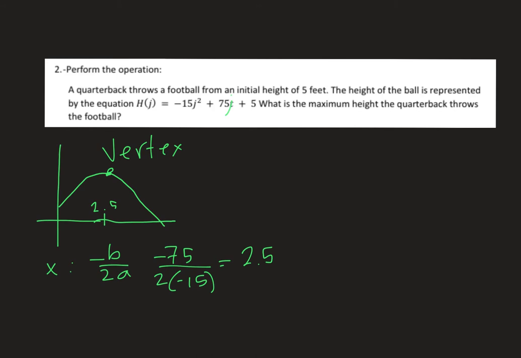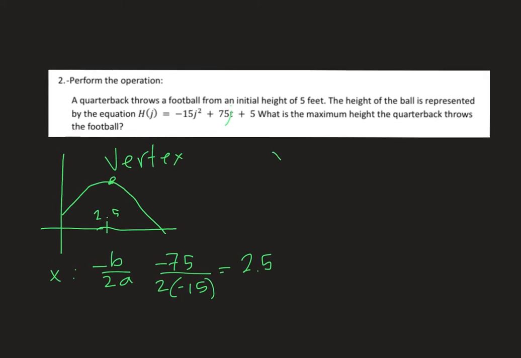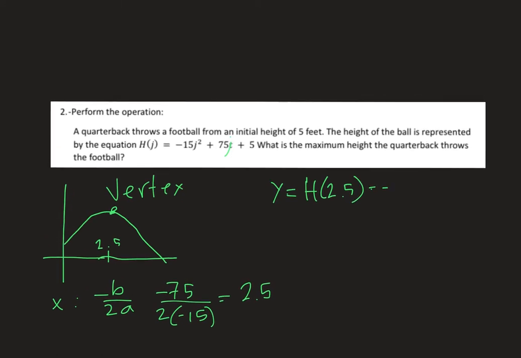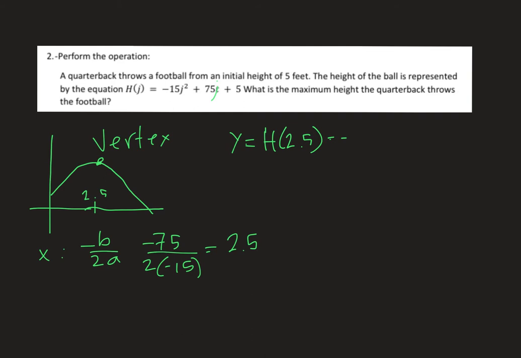Then we need to find the y value of our vertex, and that is just done by plugging 2.5 into the function. So we've got negative 15 times 2.5 squared plus 75 times 2.5 plus 5, which I would use a calculator for.